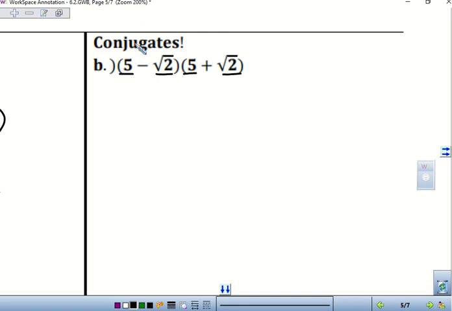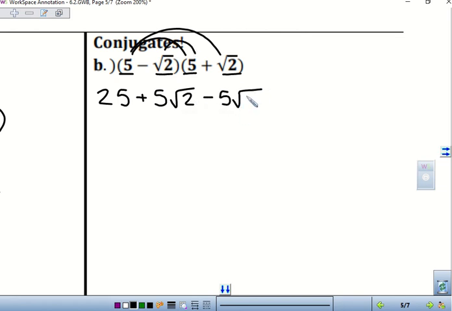To do this problem, we're going to multiply it like FOIL, just like we did on the last one. First times first, outer times outer, inner times inner, and last times last. Now what you're going to notice is those middle terms are actually going to cancel each other out.